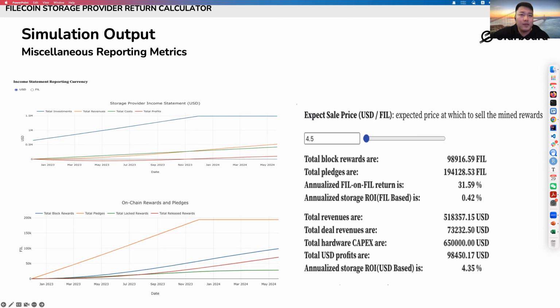This is the total block rewards mined times the expected sell price, plus some deal revenue. What is your hardware capex? When you subtract all of the terms, what is your total USD profit? And what is your annualized storage ROI, reported in both USD-based and FIL-based statistics?